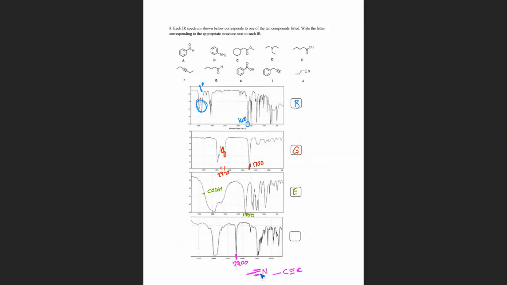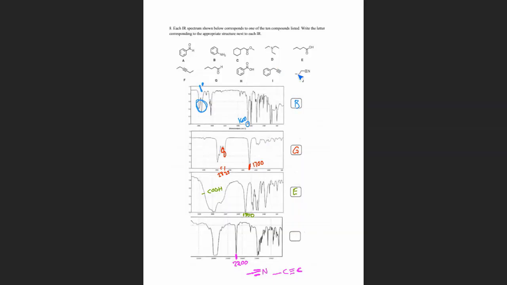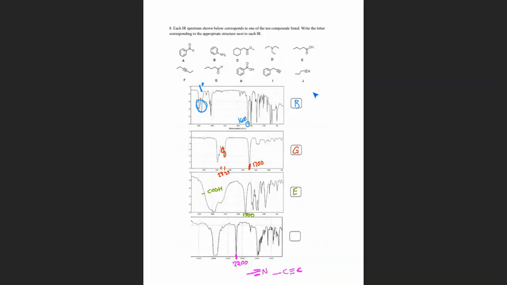Now, let's look at our options first. Okay, so it could either be I or J. It wouldn't be F because IR doesn't detect internal alkynes, just terminal ones. And so, looking at this, in order for us to have I, we would need to have that 1700 peak, or 1600 peak, which we do not.